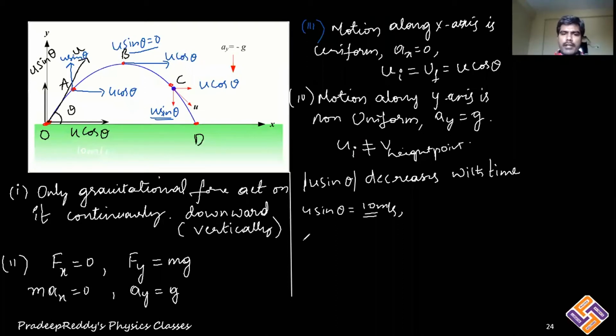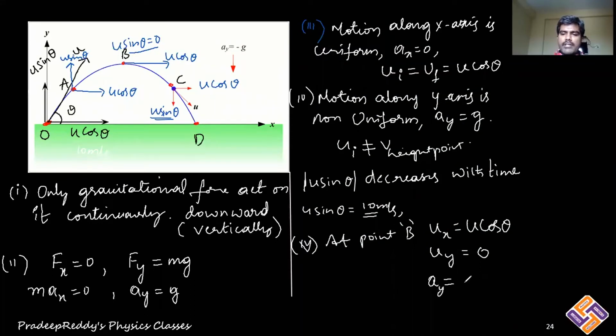Therefore, you need to understand that at point B, ux, the horizontal component, is u cos theta as it is, but along the y direction, its velocity is 0. That means at the highest point B, the vertical component is 0. And what about acceleration? Acceleration ay is not equal to 0, and that is g.